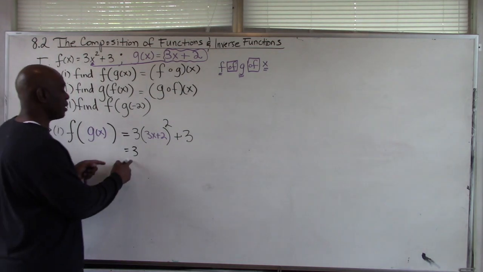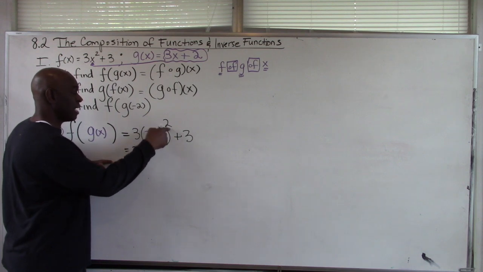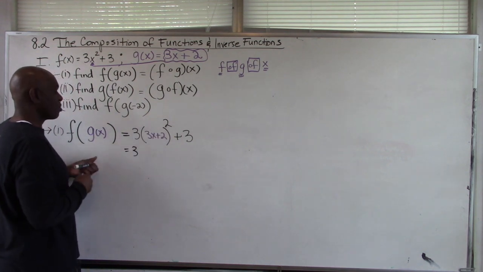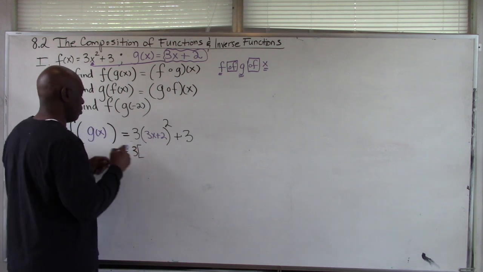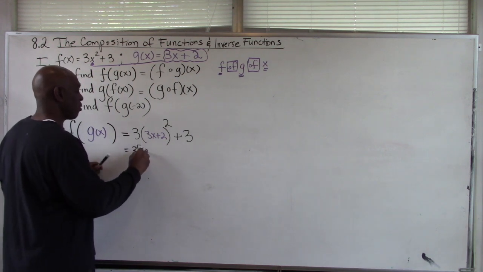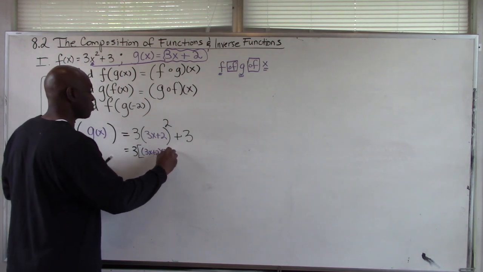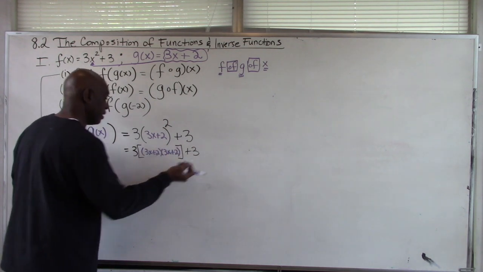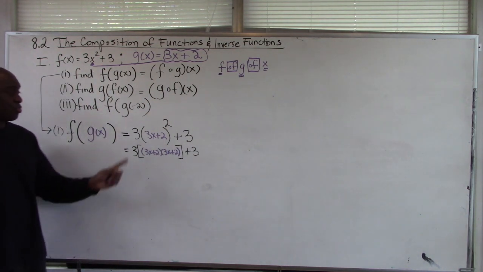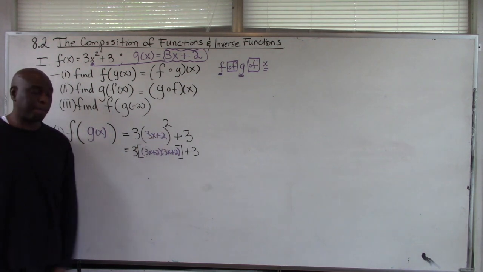So it's going to be 3 times 3x plus 2 once, 3x plus 2 twice, plus 3. So write it twice, 1, 2.